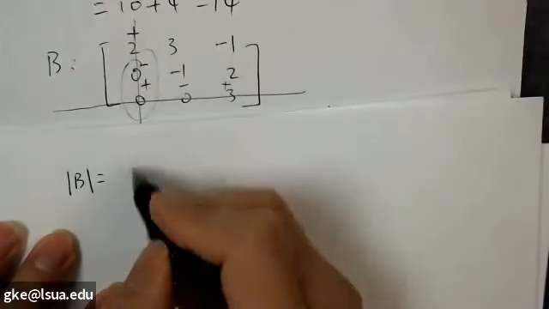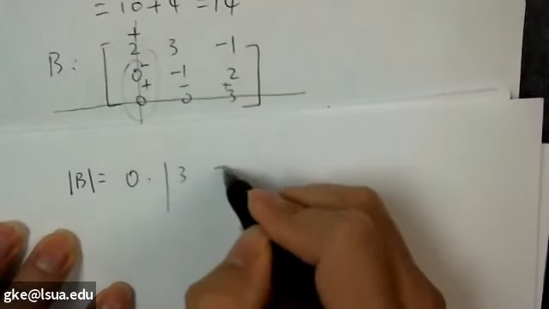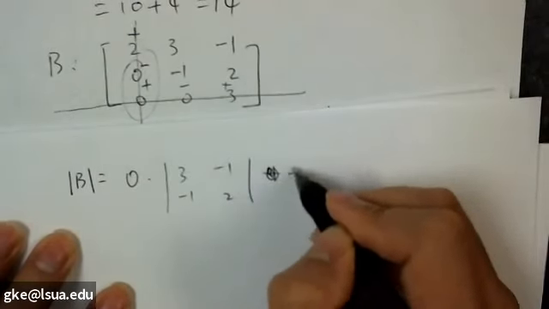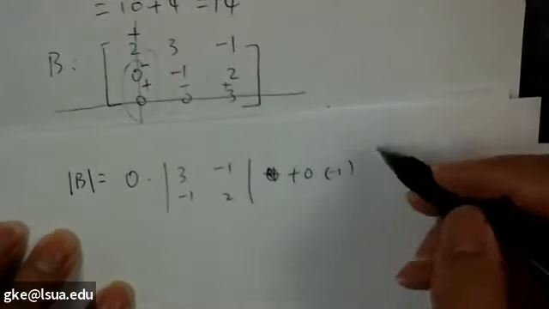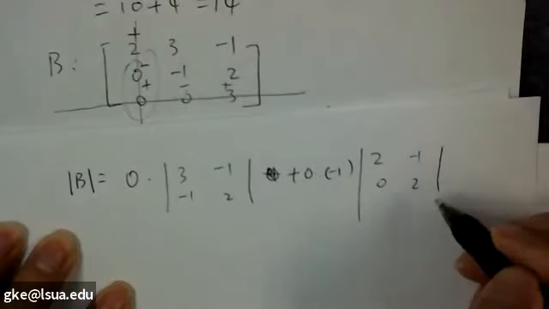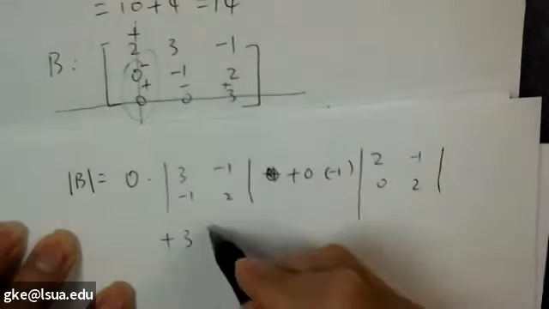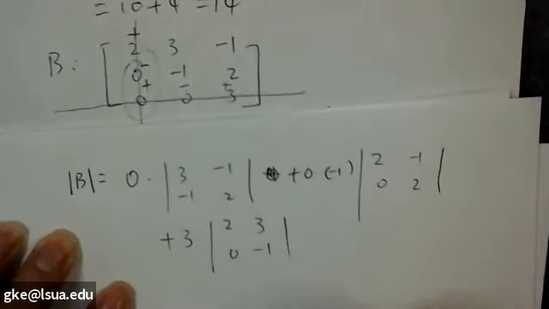So we have what? 0 times 3, -1, 1, 2, plus 0 times -1, because here's a negative. We have 2, 0, -1, 2. And the last term is 3 times positive. Gonna be 2, 3, -0, 1.